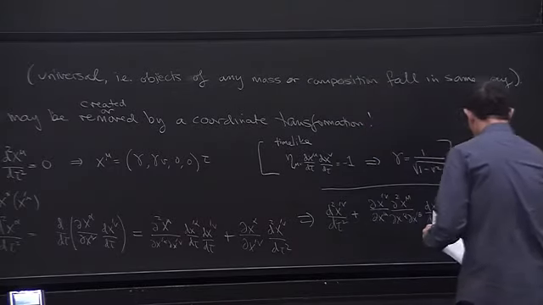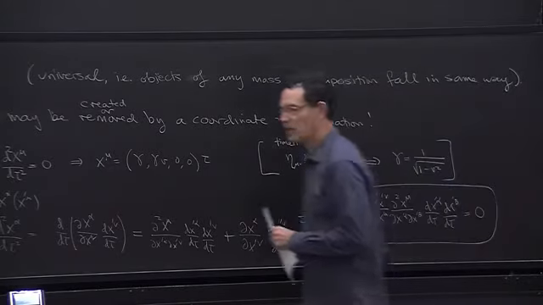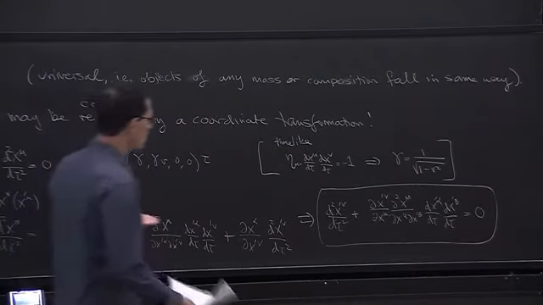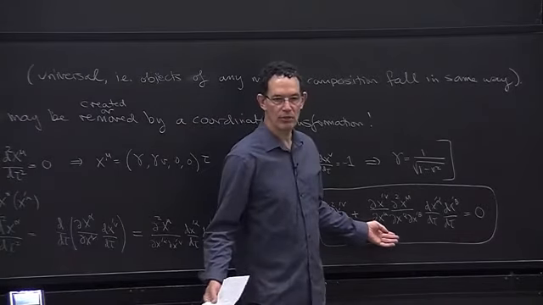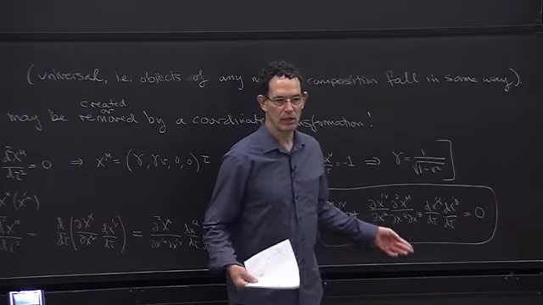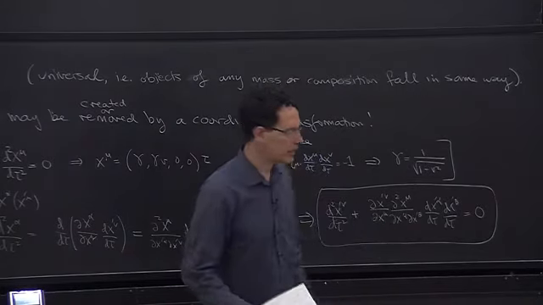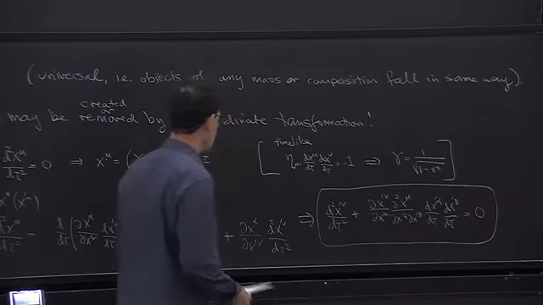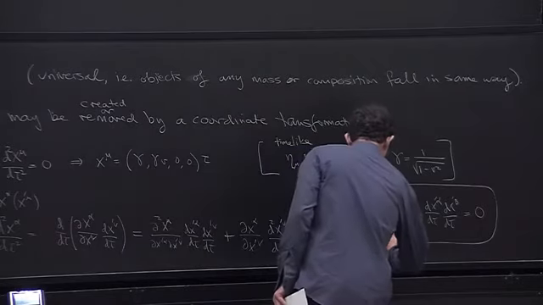So in other words, the equation of motion of the particle in the new coordinate system involves a force. Suddenly I've just created a force by a coordinate transformation. Just like the Coriolis force or the other fictitious forces, the centripetal force in classical mechanics. So this is the fictitious force.